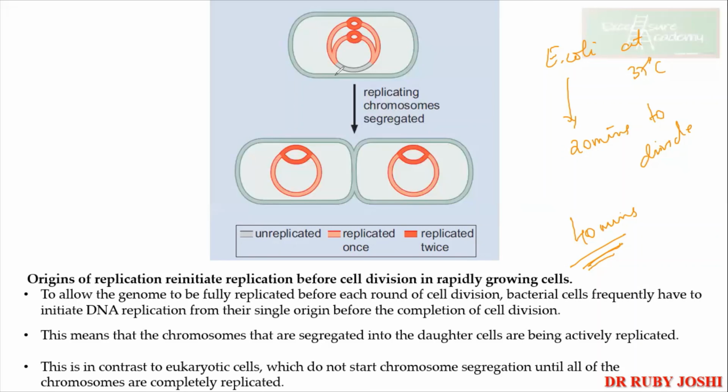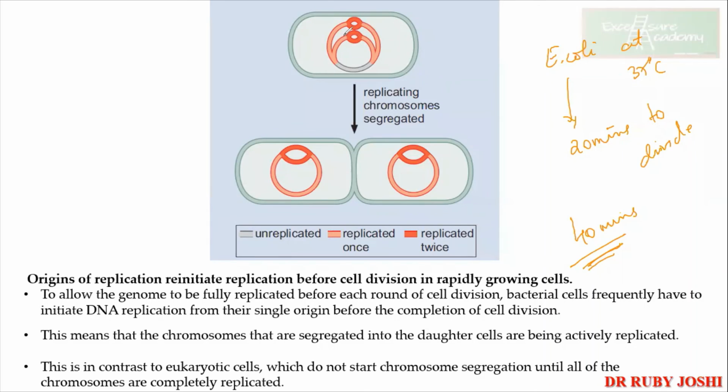So in the case of E. coli, what happens is, as you can see in the figure, how does it look? You have got the E. coli genome inside, and you can see that the moment it is reaching its termination sequences, the second round of replication has started.